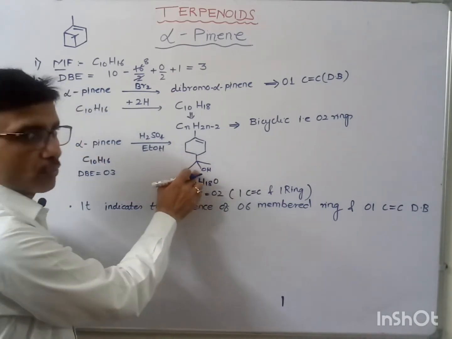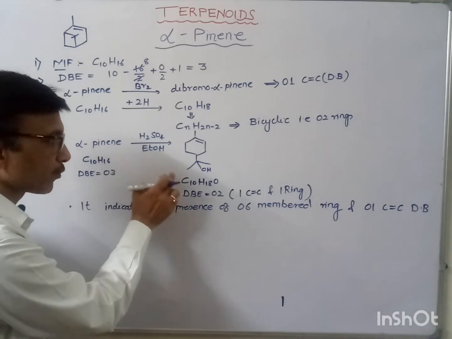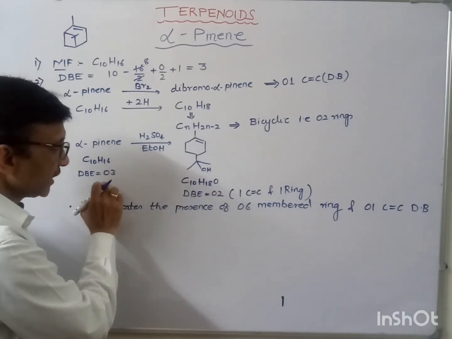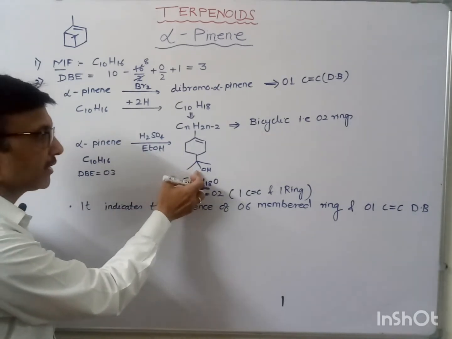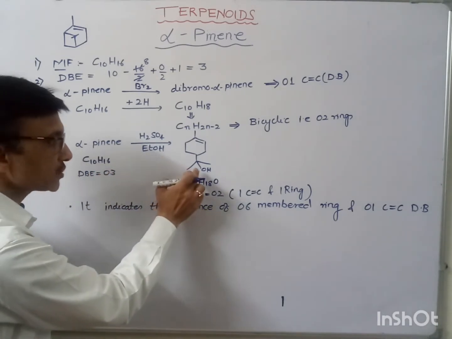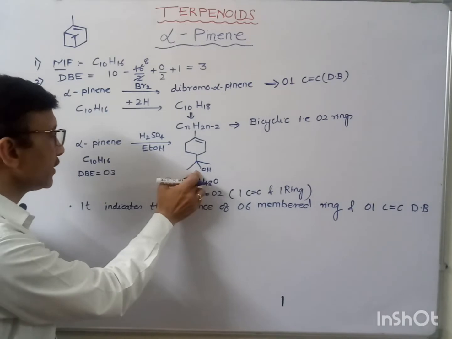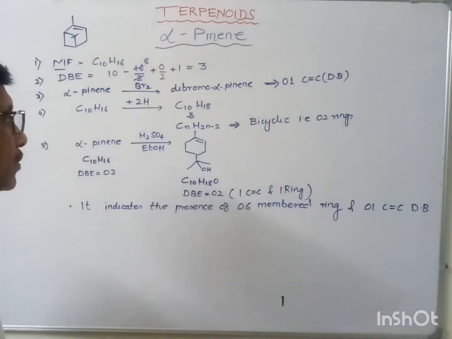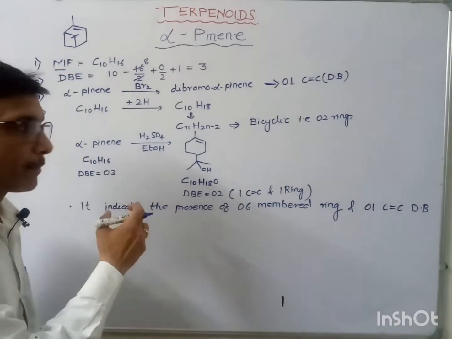As alpha-pinene is bicyclic and this is monocyclic, the bicyclic is converted into the monocyclic, or in the reverse direction, we can think that this OH is somewhere involved in the formation of the four-membered ring in the alpha-pinene.